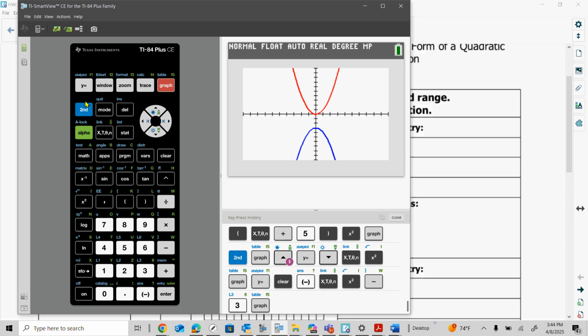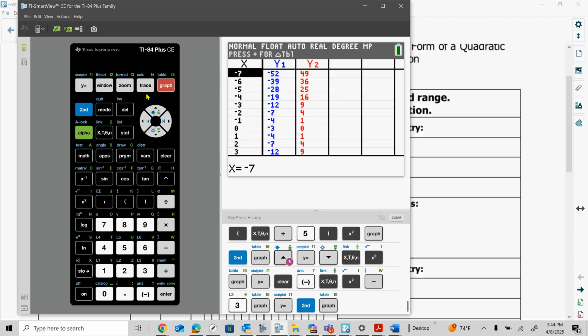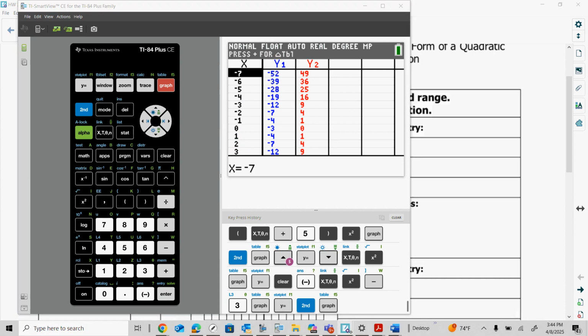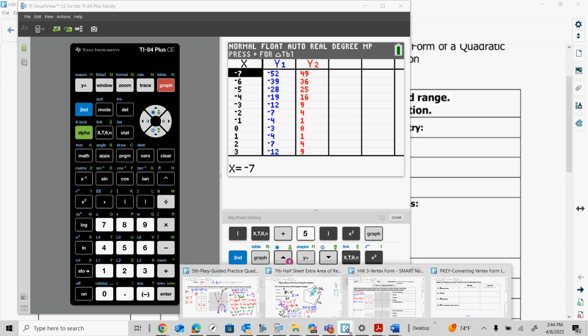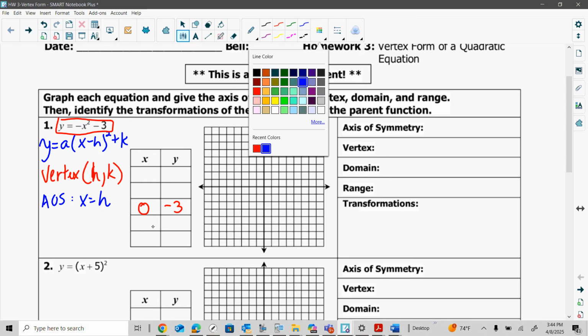So if I go to my table, second graph, oops, no, that's not what I need. Take graph, sorry, there it is. We're looking for 0, negative 3, there it is right there. And then I can see the symmetry. If you're not sure, just start right here, find that middle, and then you can just copy, go down, and then go up. Some people were struggling with how to put the numbers in the table. It's okay, just copy from the table that's given.